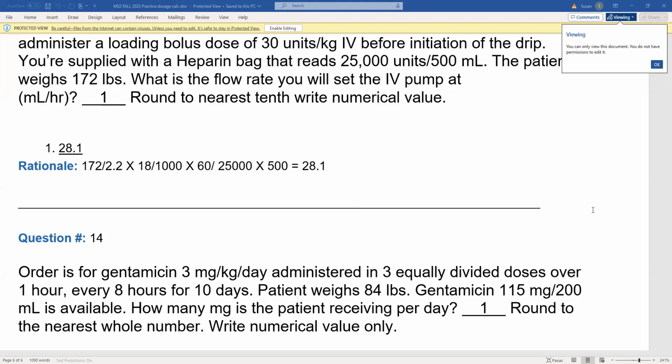All right, so it's asking you how many milligrams is the patient receiving per day? And they're ordered 3 milligrams per kilogram per day. They weigh 84 pounds.